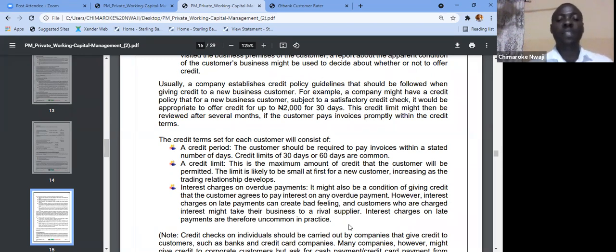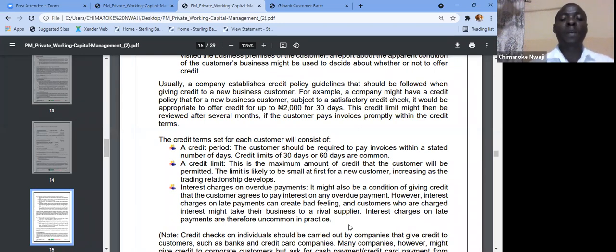Then you may want to put interest charges on overdue payments. You are giving them incentives before to pay up, let's say 1% net 30. You are telling them that you enjoy a discount of 1% if you pay within maybe 30 days.